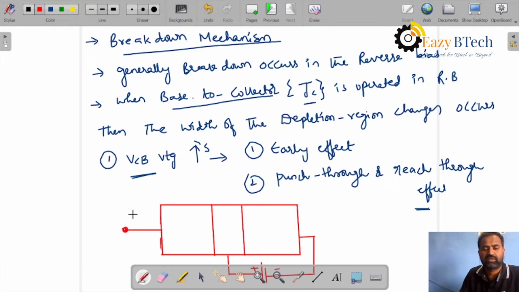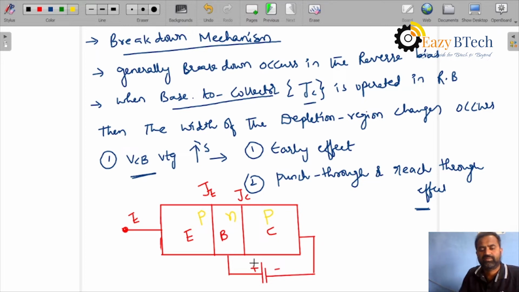Already we know this junction is the emitter junction, this is the collector junction, this is the emitter, this is the base, and this is the collector, and you are using a PNP transistor. Now you can clearly see for N positive and P negative, it means it is operated in reverse bias.